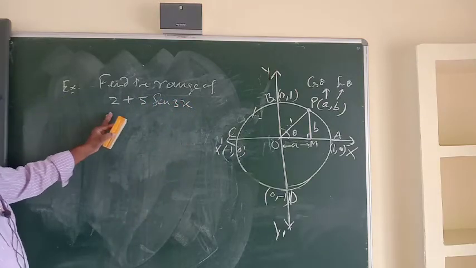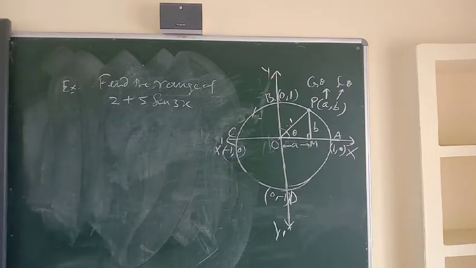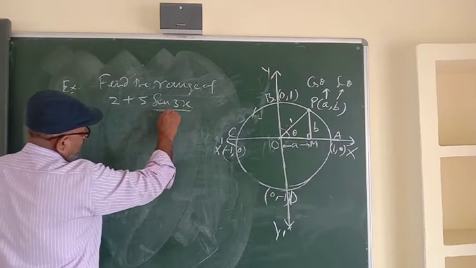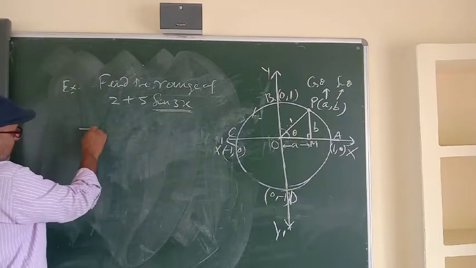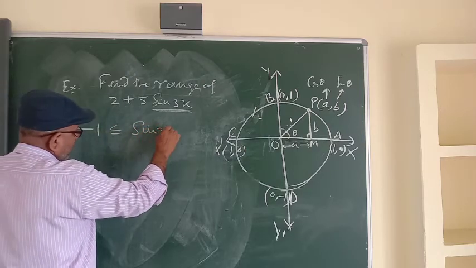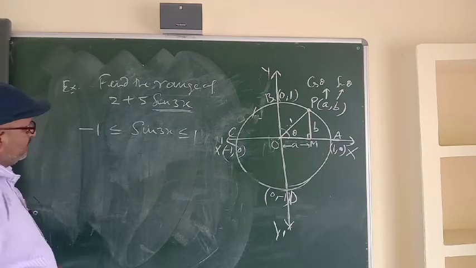This is the function, 2 plus 5 sine 3x, and we have to find its range. So how can we find it? We know that the value of sine x lies in the interval minus 1 to 1.